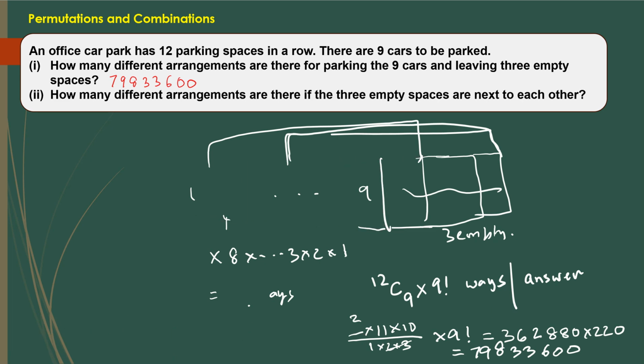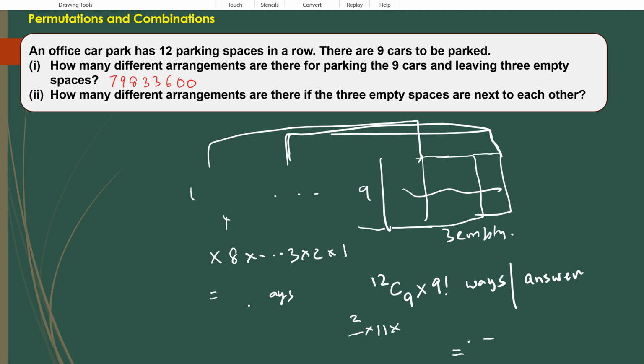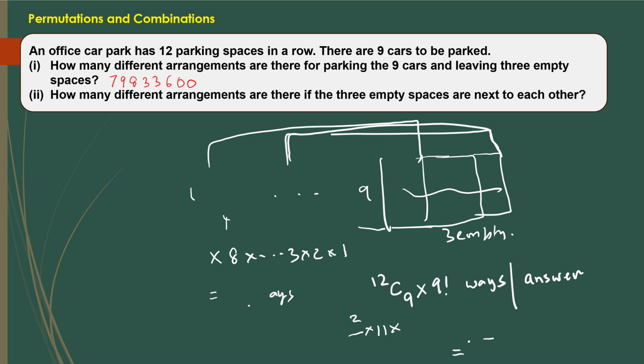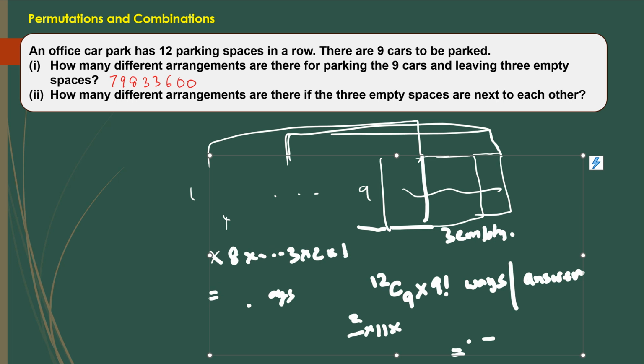So for the second bit, what we would assume is all these three spaces to be 1.